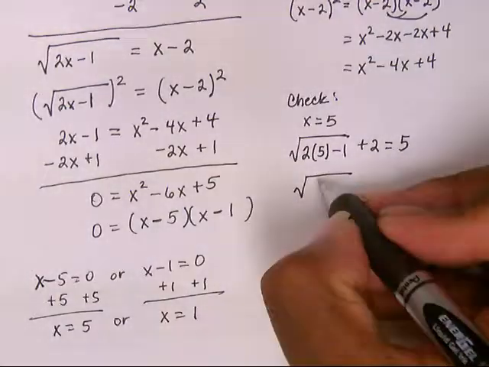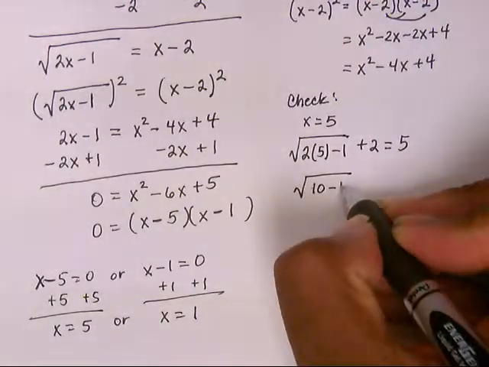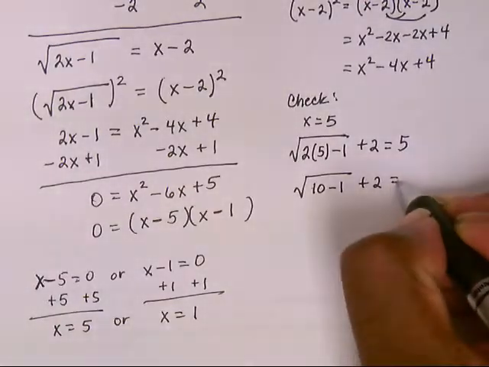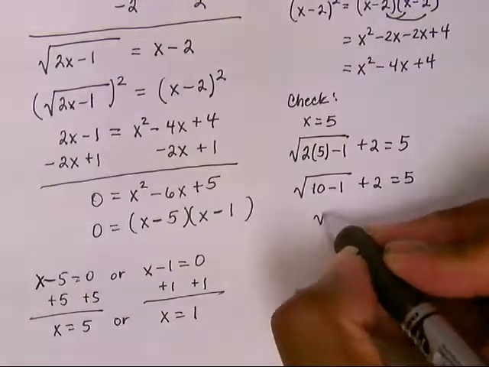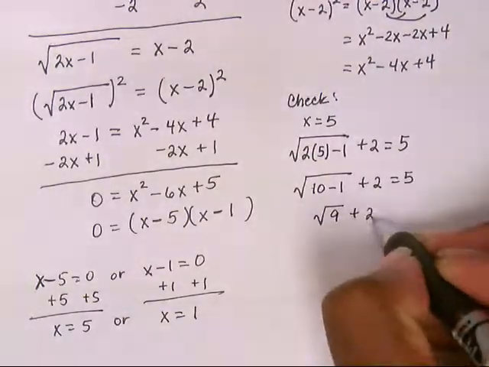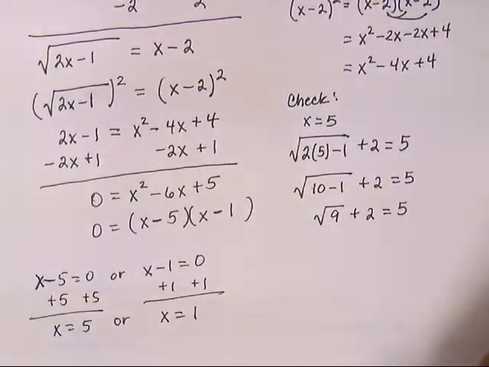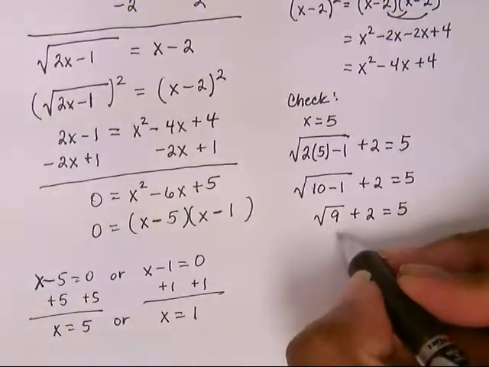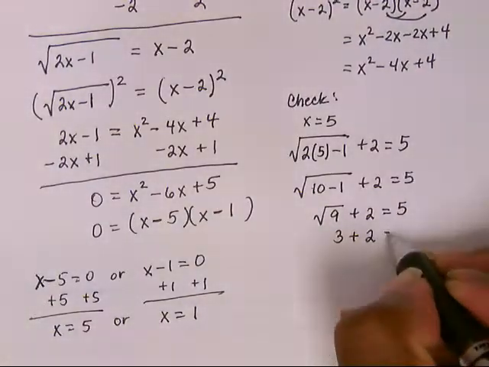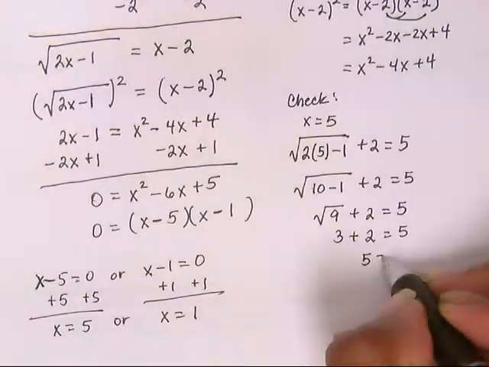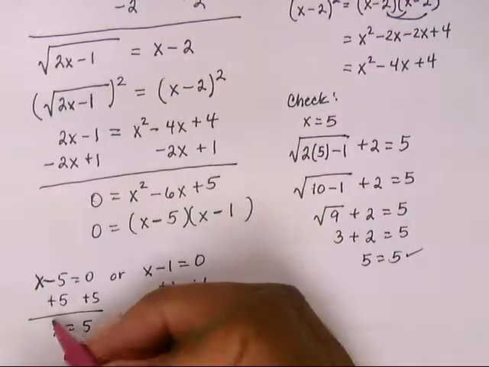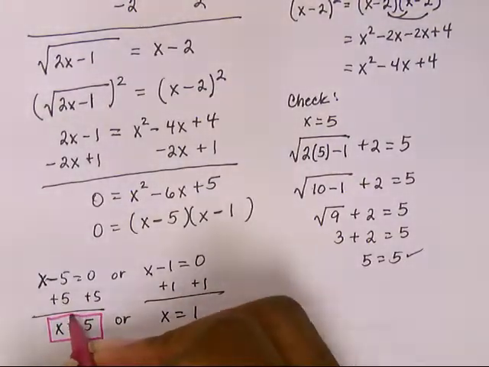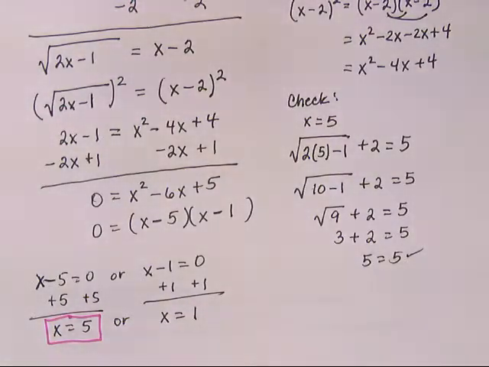Underneath that radical, 2 times 5 will be 10, minus 1, and then plus 2 should equal 5. Now 10 minus 1 is 9, so the square root of 9 plus 2 should equal 5. The square root of 9 is 3, and if you add 3 plus 2, you do get 5. So I know x equals 5 is a solution to that radical equation.